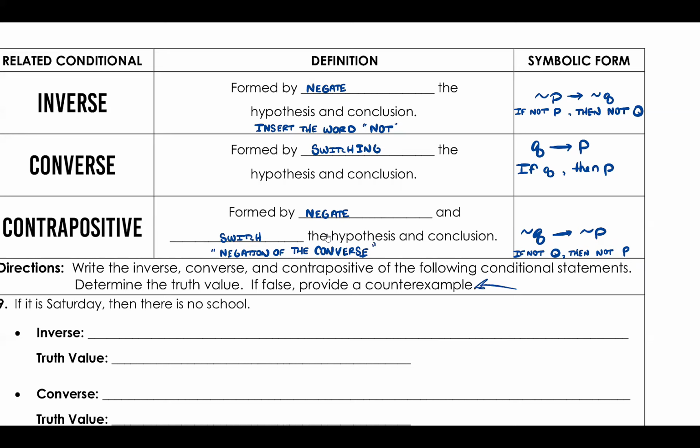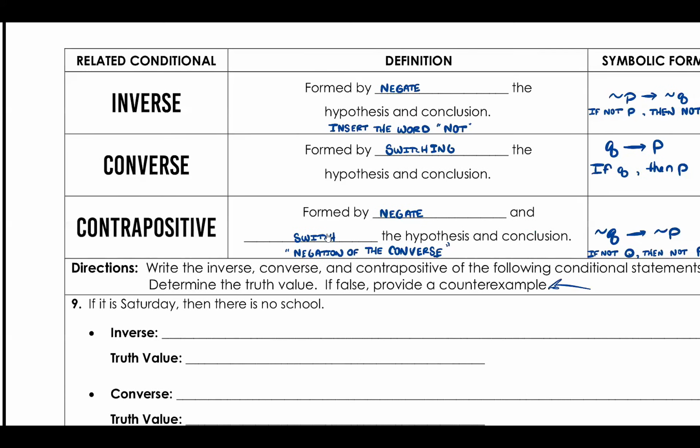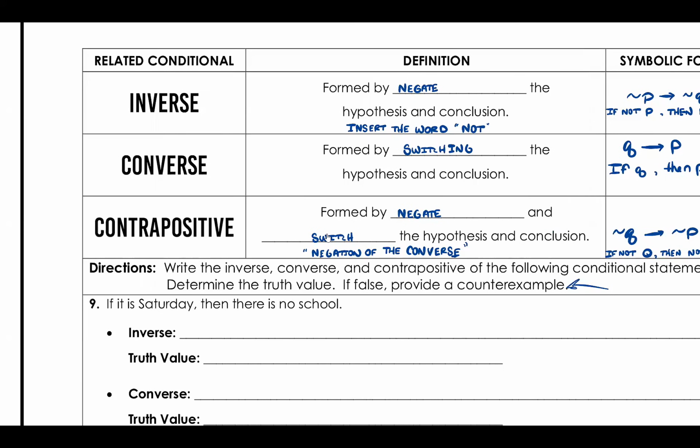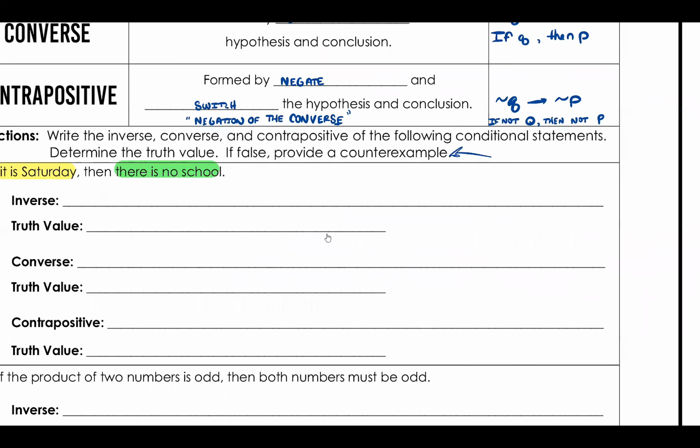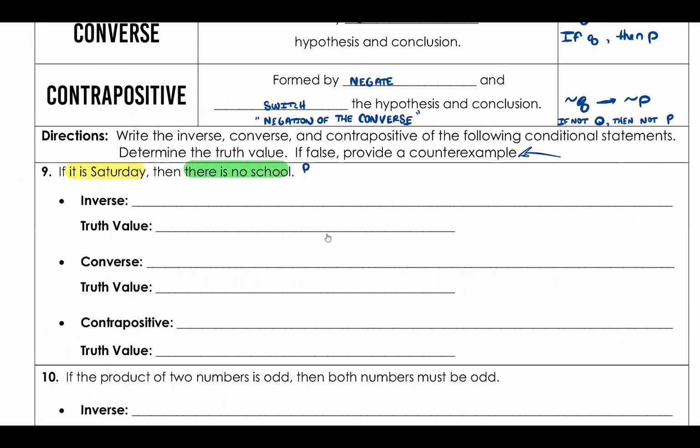So if it is Saturday, then there is no school. Okay? So the inverse. So let's highlight our original hypothesis. It is Saturday. And our original conclusion. So our P, what's our hypothesis in this conditional statement?